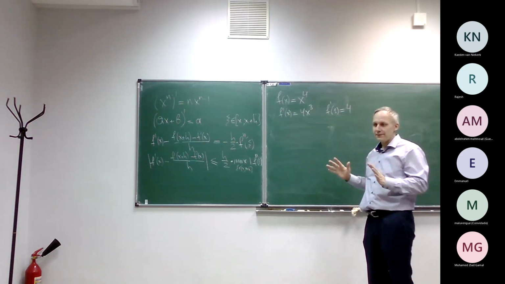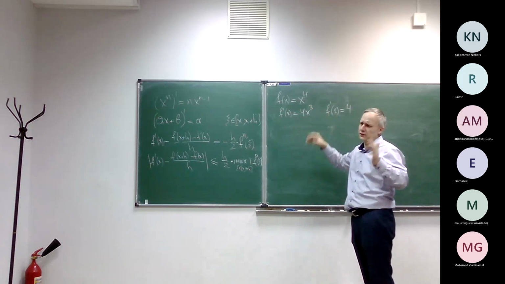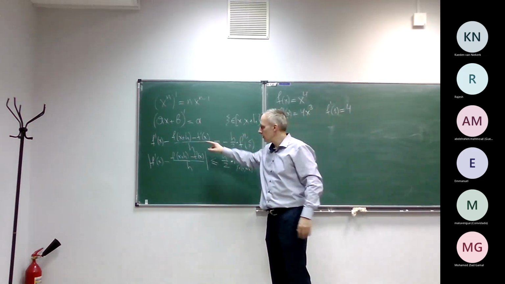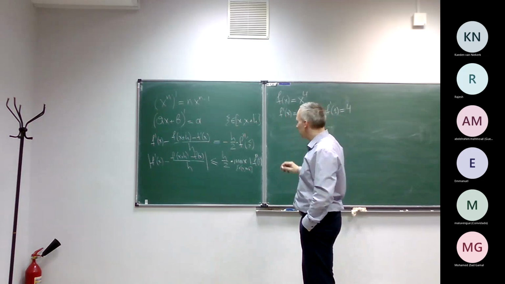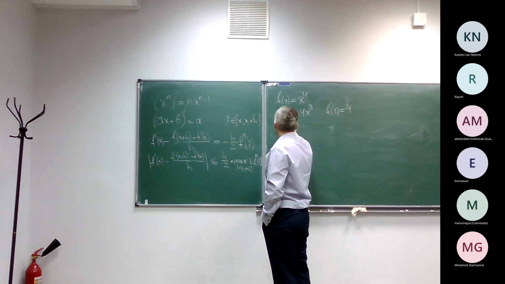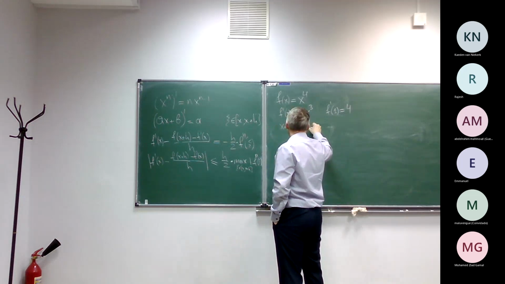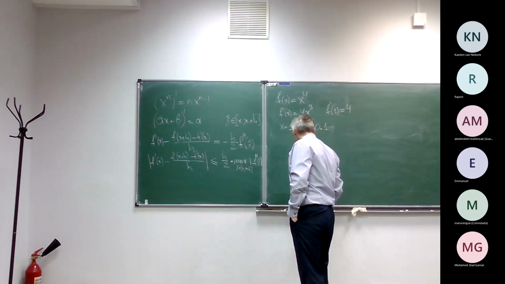Now, suppose we don't know this formula, we forget this formula. But we know the formula of numerical differentiation. Let's take x equals to 1 and h equals to 0.1.